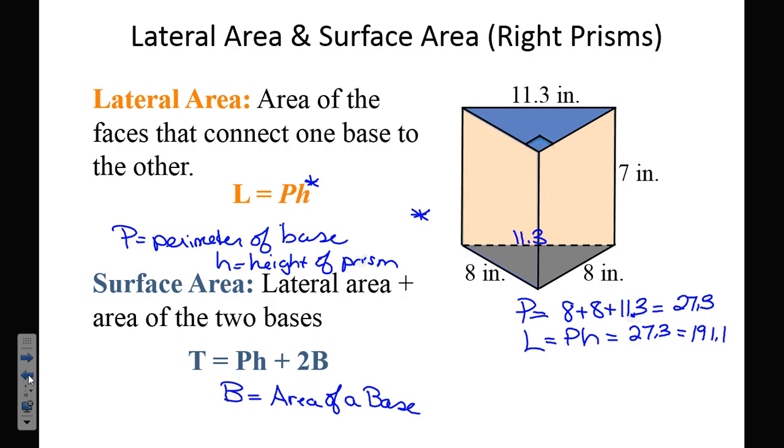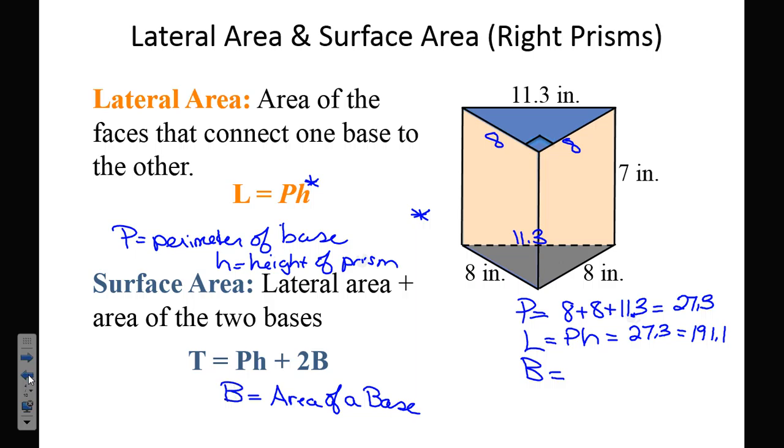And then we want to find the total surface area, but to do that, we have to calculate the area of the base. What kind of triangle do I have for a base? A right triangle. So my leg and my other leg are both 8, and my hypotenuse is 11.3. How do I find the area of a triangle?